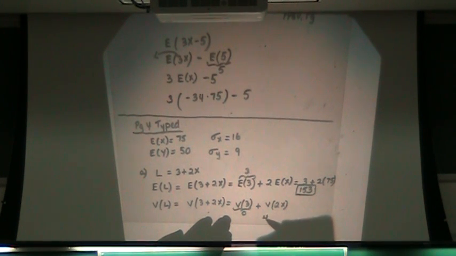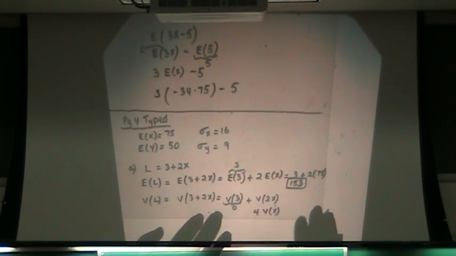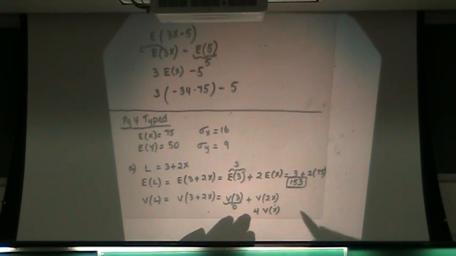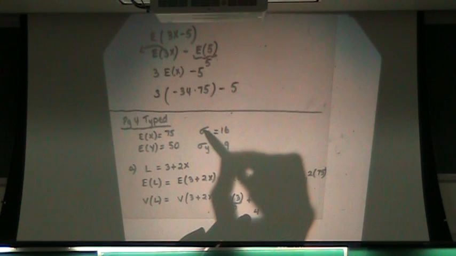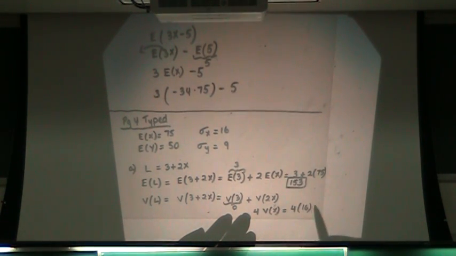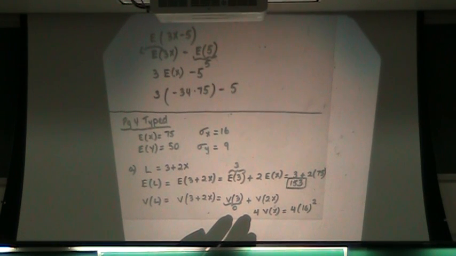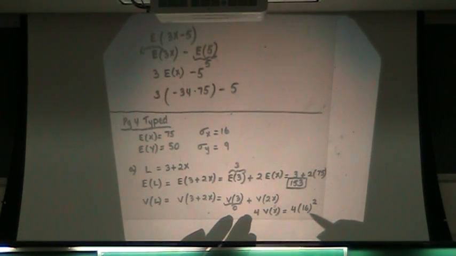This is 4 times the variance of x, because you have to pull out the constant and square that constant. So that would be 4 times sigma squared x, 16 squared, 256. So 4 times 256 is 1024, right?